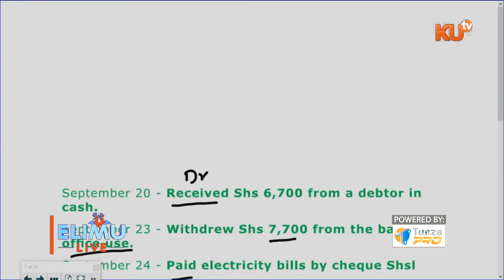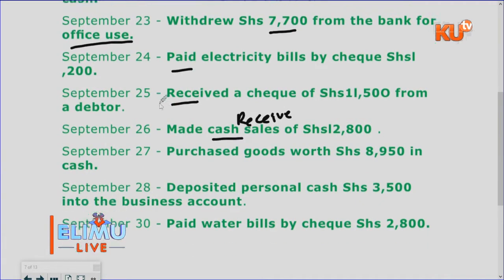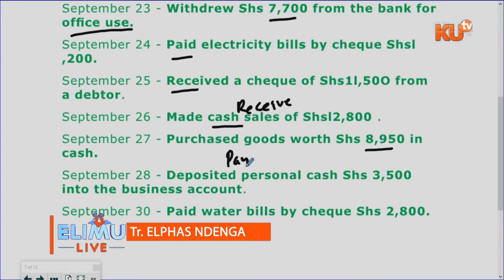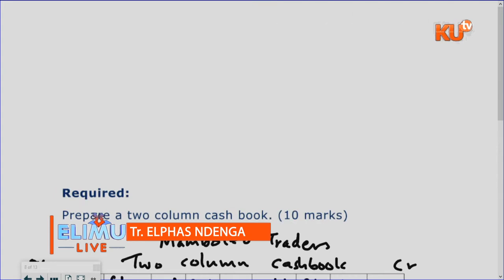Again, let's look at the next transaction, which is now September 27. Purchased goods worth 8,950. We are purchasing. When we purchase, we take money out. So those are payments. And when we make payments, we credit. So we'll go to the credit side and record the figure.